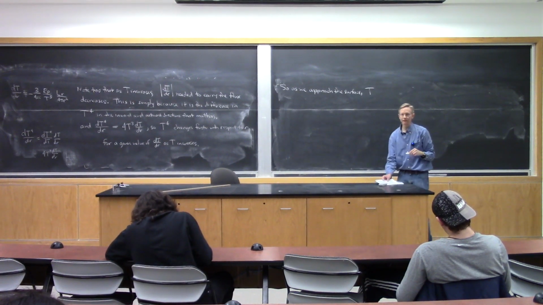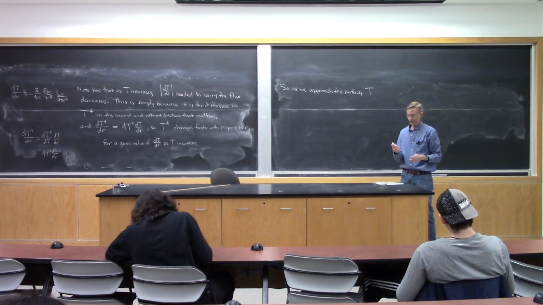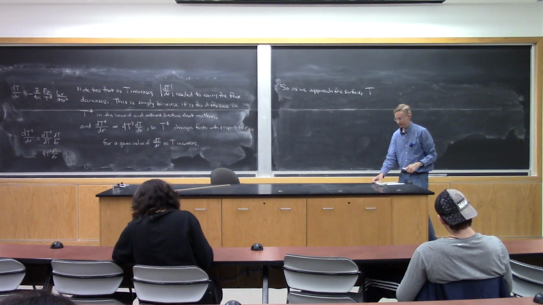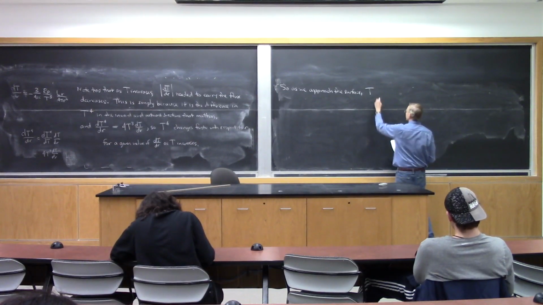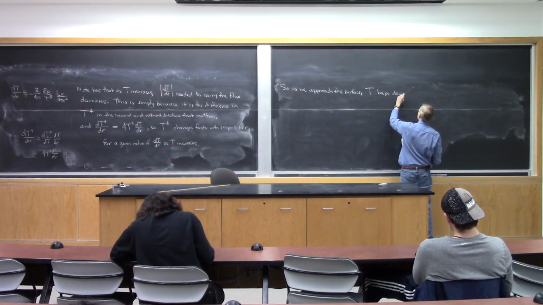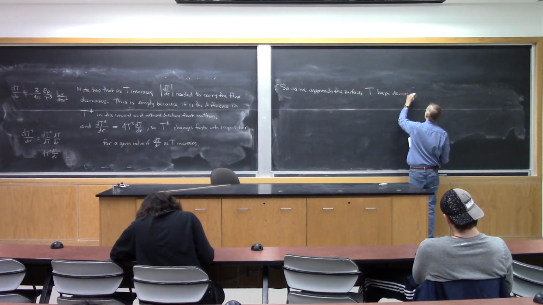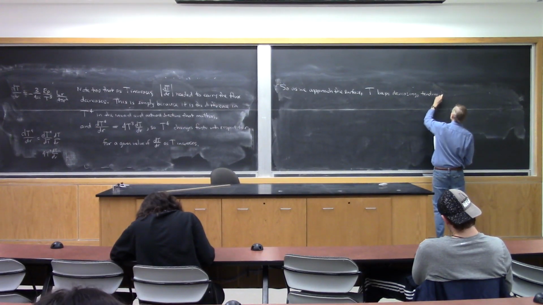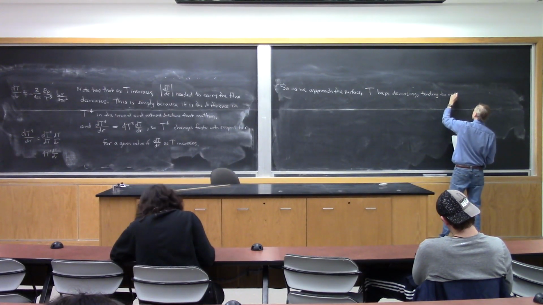Is it rising or falling as we approach the surface? It's falling as we approach the surface. T keeps decreasing, tending to make dT/dr larger.